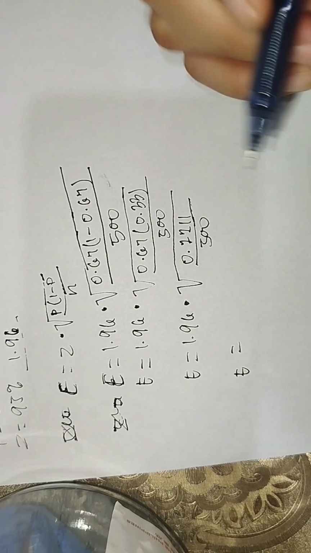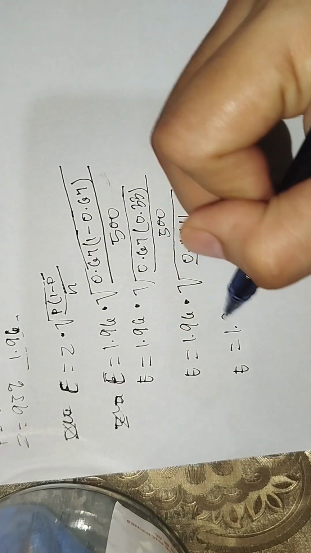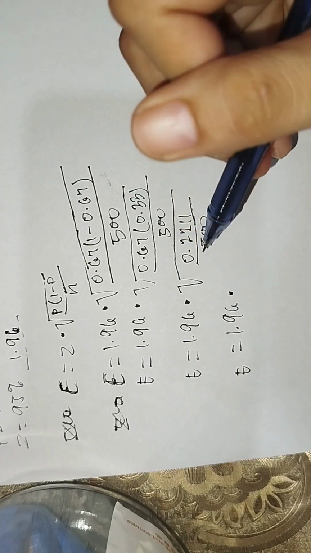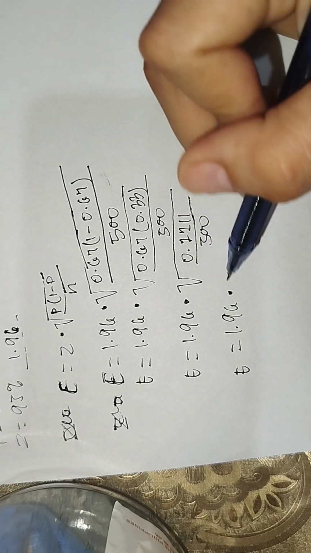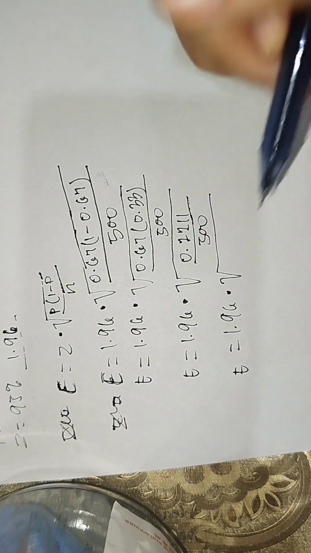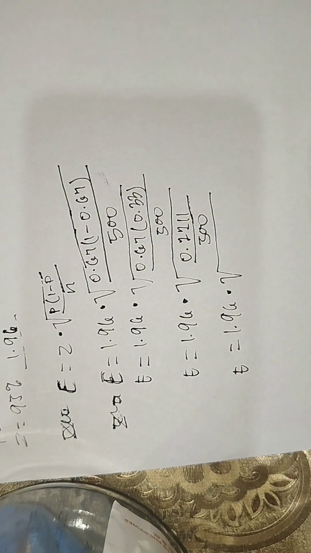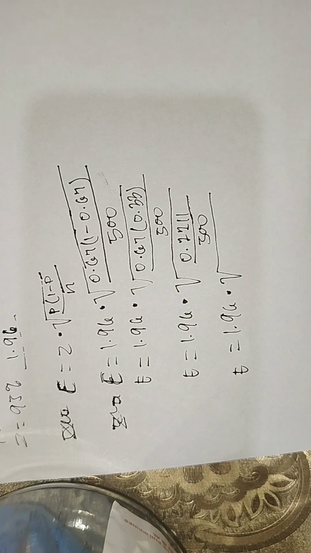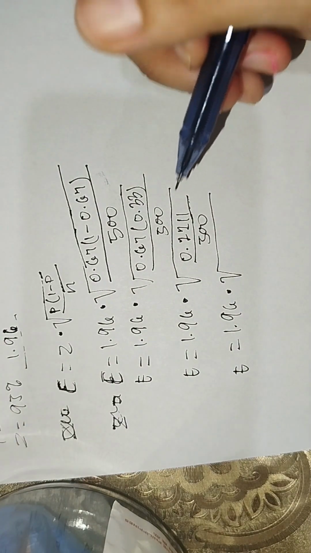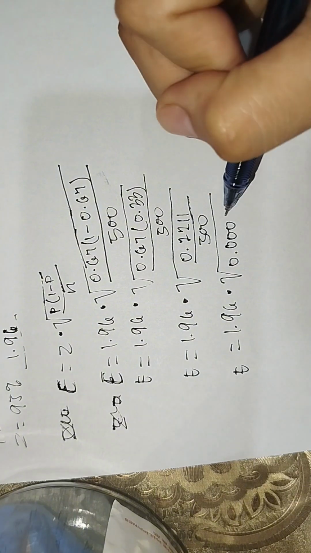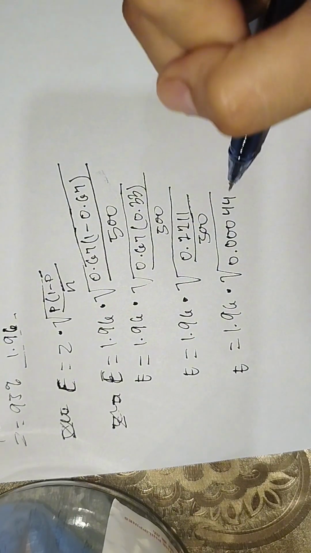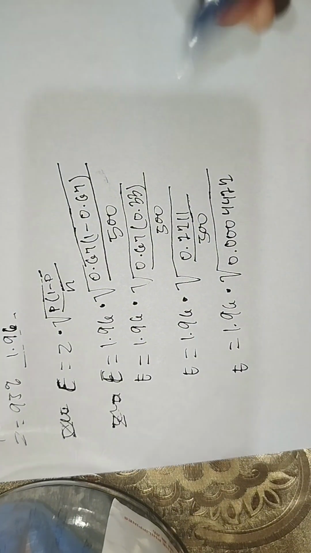Sunod, copy gihapon 1.96 times square root of 0.2211 over 500 equals 0.004422.